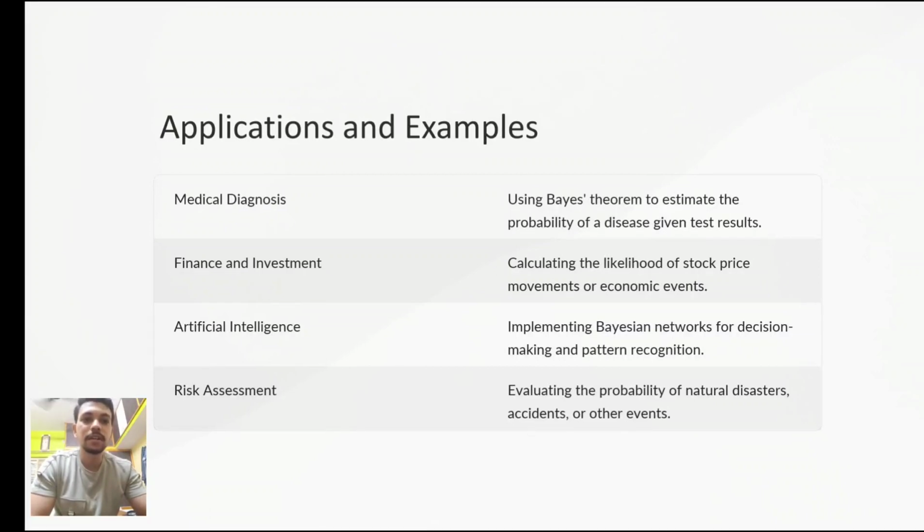Artificial intelligence, implementing Bayesian networks for decision making and pattern recognition. And the next one is risk assessment, evaluating the probability of natural disasters, accidents, or other events.